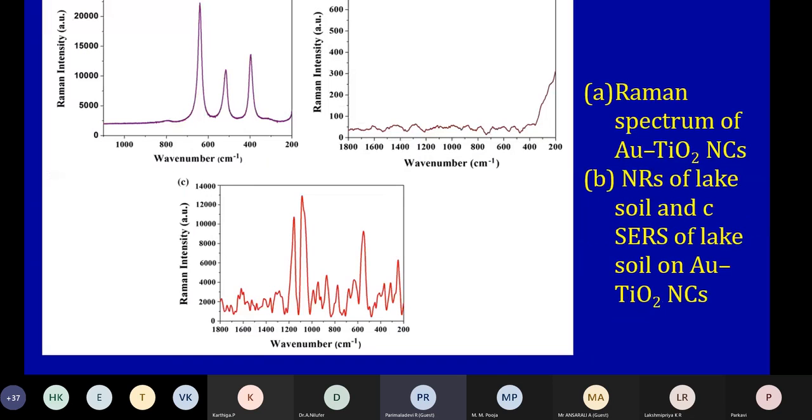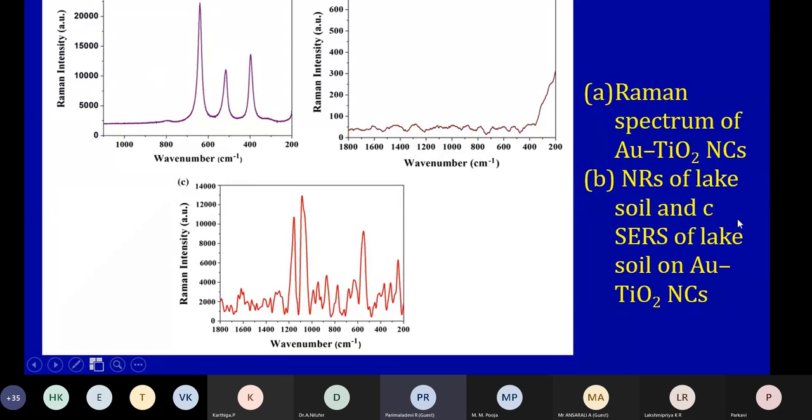Next, it is a very important study, that is our study. Here we take a Raman spectra. This is the Raman spectra of AuTiO2.